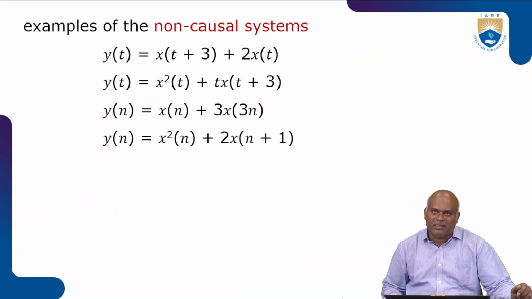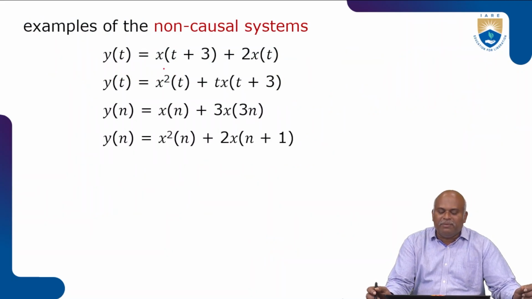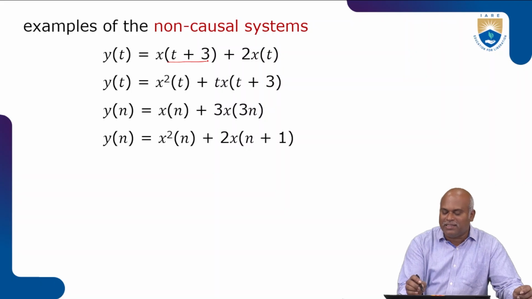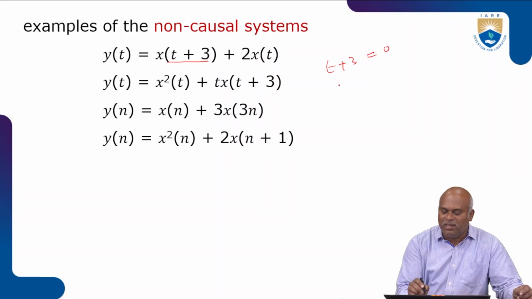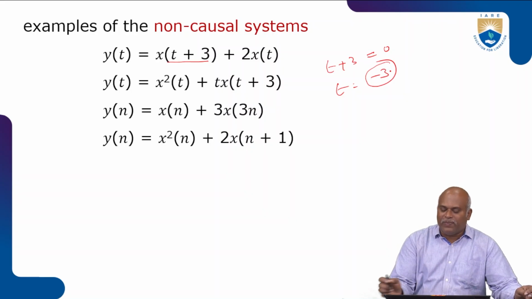For example, for the non-causal case, we take y of t is equal to x of t plus 3 plus 2x of t. What will happen in this case? In t plus 3, we set t plus 3 equal to 0, then t is equal to minus 3. Now we get a minus value of t.